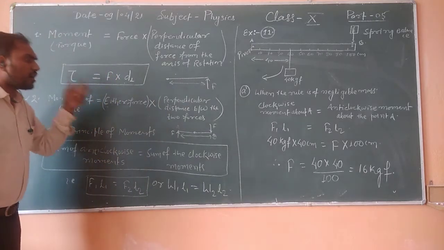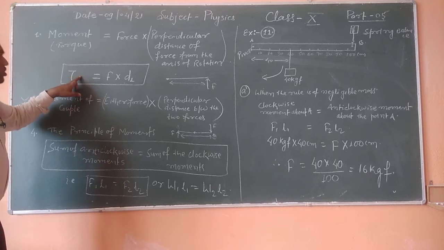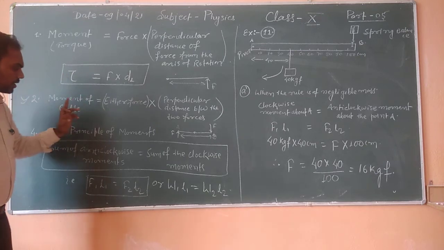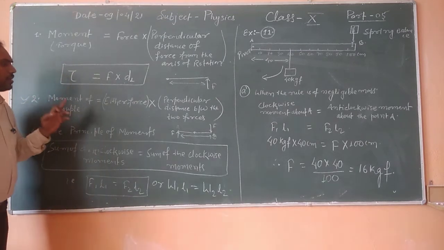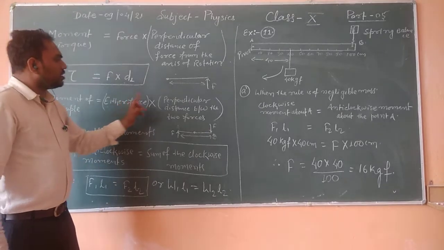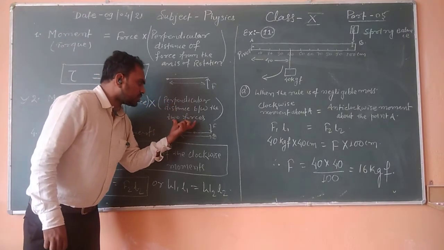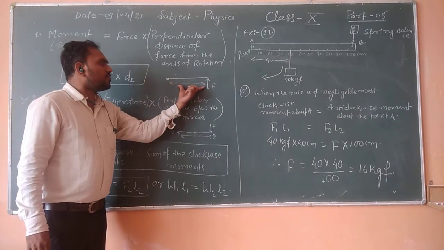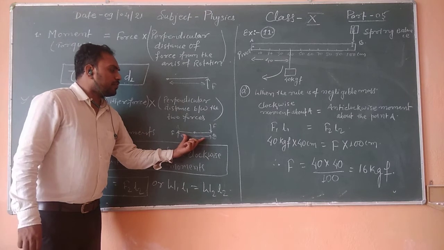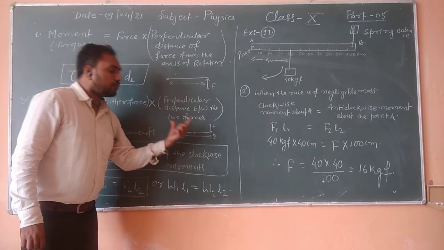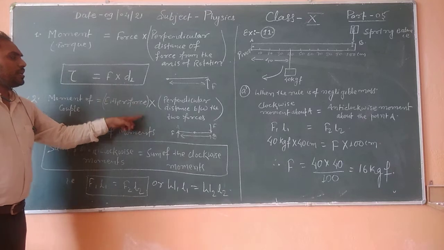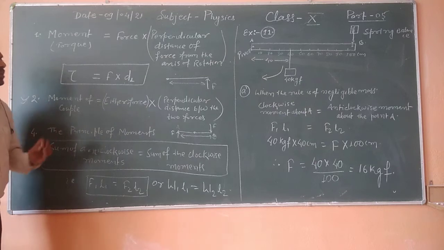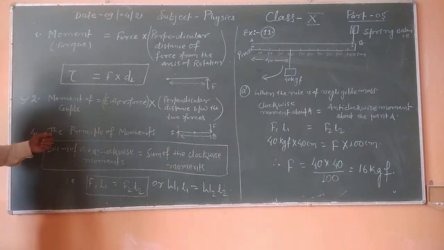Torque means moment is force into perpendicular distance. Again, moment of a couple is force into perpendicular distance between the forces. This is the distance between the point of axis of rotation and the force, and this is the distance between the two forces, not the point of rotation. You have to be clear about these two formulas, otherwise you will be in trouble while solving the numericals.